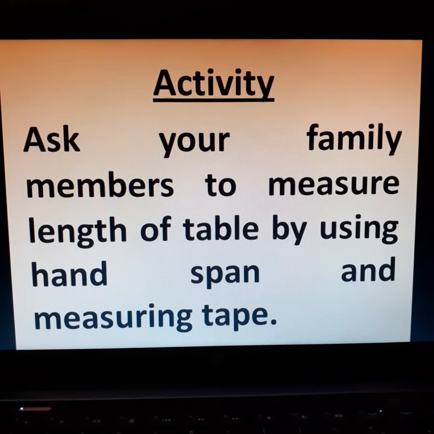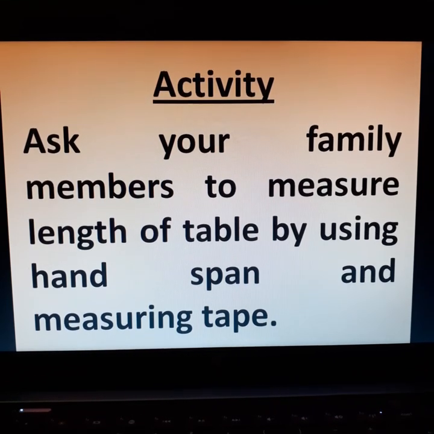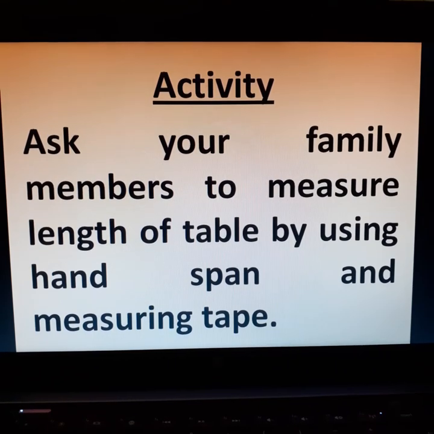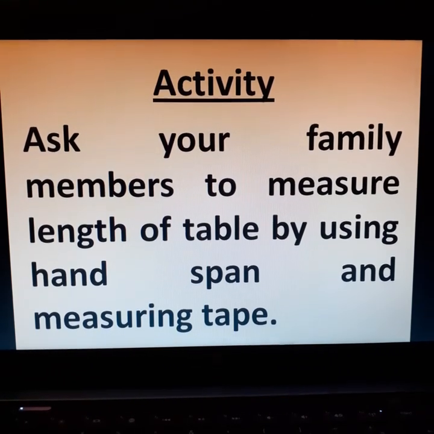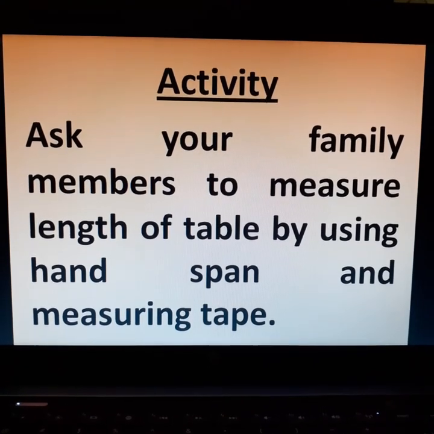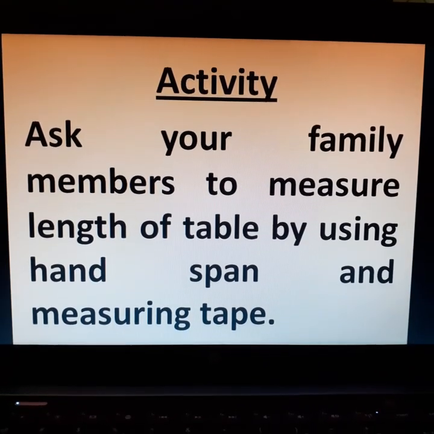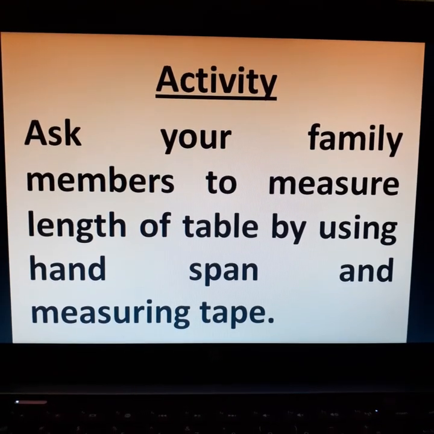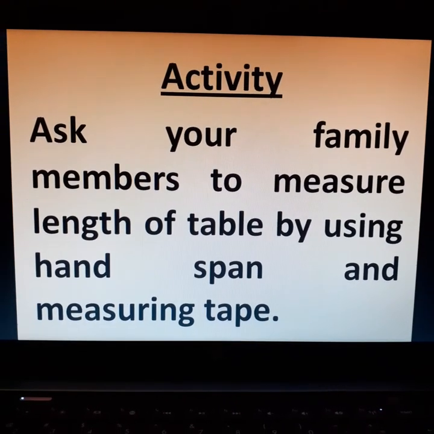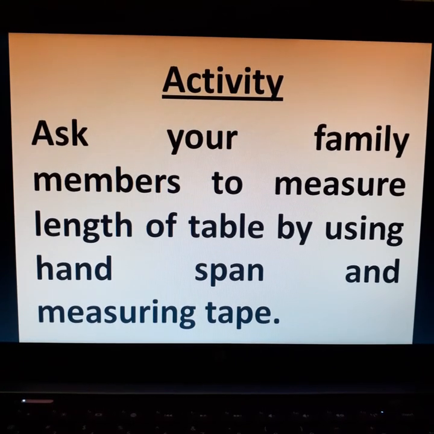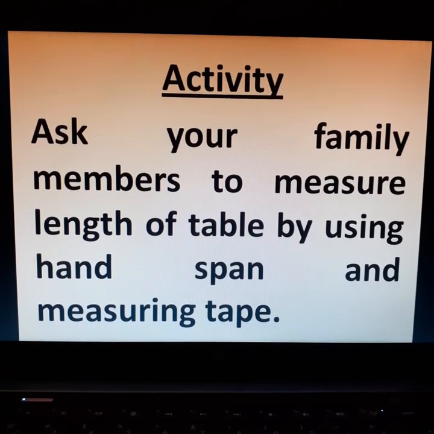And if you use the measuring tape, whether a kid or an adult measures the length of the table, the readings will be the same. But for handspan it will vary, because every person has a different handspan. So you have to do this activity and compare the readings of the different members, what they have counted.